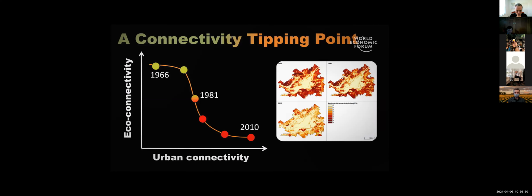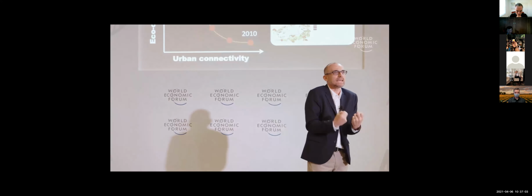Patterns of growth like this are common the world over, and they are diminishing the contribution of ecosystems to city sustainability. What we have here is a non-linear relationship between urban growth and urban connectivity on the one hand and ecological connectivity on the other hand. It describes a tipping point, a non-linearity in which beyond a certain threshold of urban connectivity, we lose the ecosystem's connected properties.